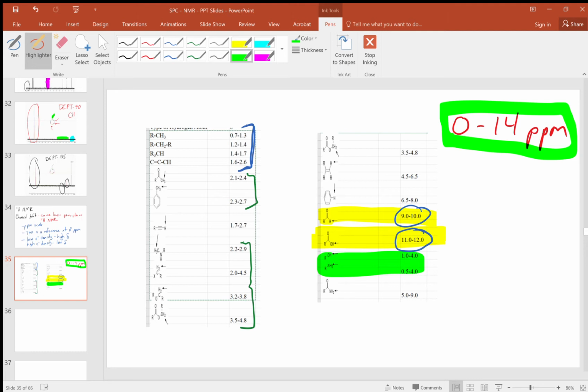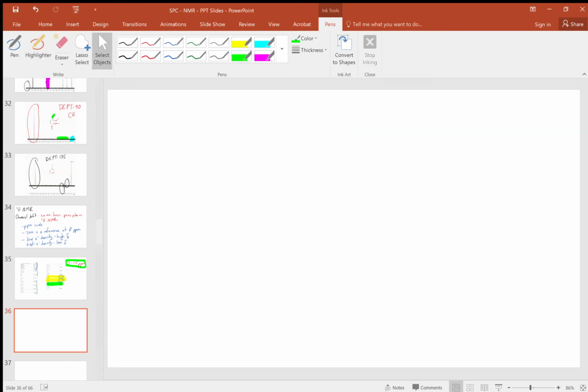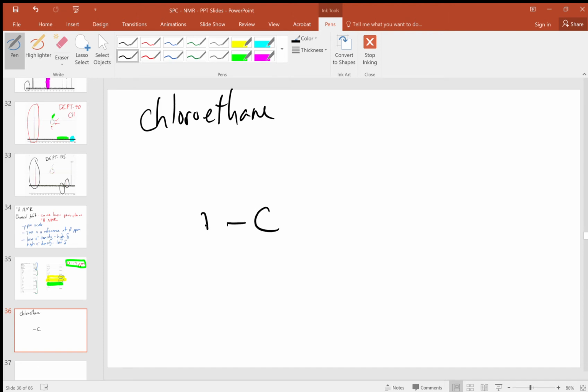Now, if chemical shift was the only information we got from proton NMR, we'd be done here and we could move on to other things. But let's look at a spectrum. And I'm going to start with a nice simple molecule, chloroethane. Let's draw it out completely. So if you were going to think about a proton NMR spectrum of this molecule, what would you expect to see?